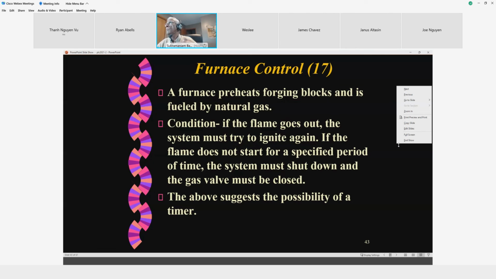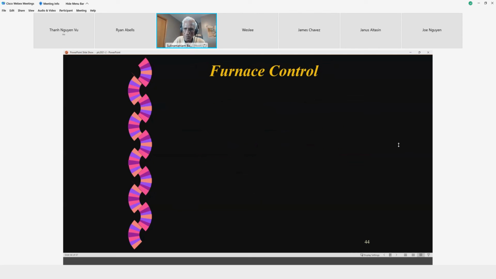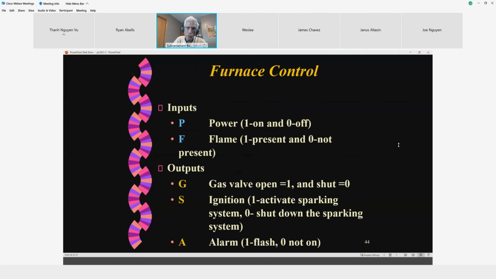That means there is no more unburnt gas inside. Okay. So the whole operation shuts down and you must send an alarm that I tried 2 times, nothing happened. Okay. So that's the problem statement. There are lots of bells and whistles here that are to be put into the picture.